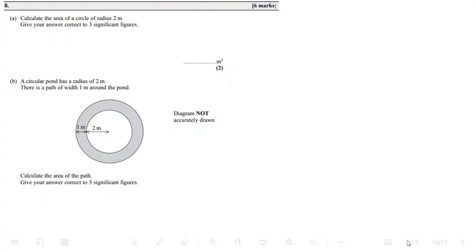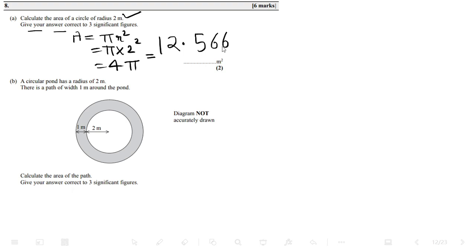And after calculation, our answer will be 12.5663706... Now see what is exactly happening.